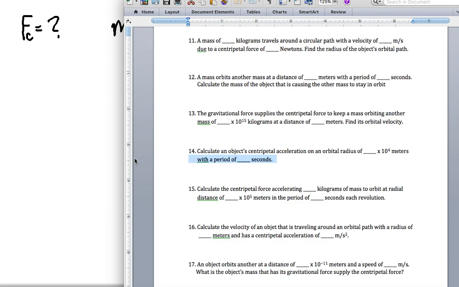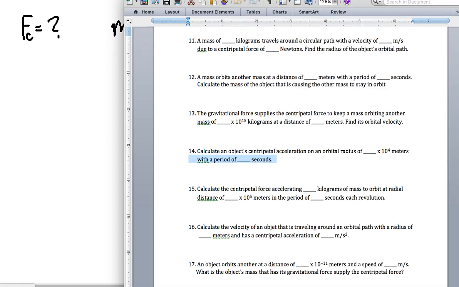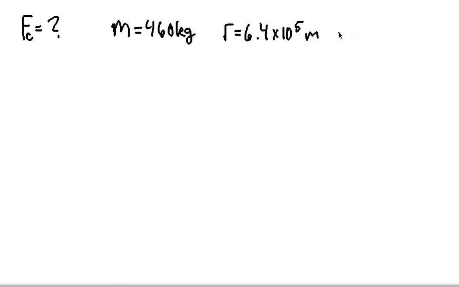So let's say 6.4 times 10 to the 5. And then finally, a period of how many seconds here? Let's say 14,080 seconds. So this is how long it takes for it to make its way around. All right, so this mass is the mass of the object that is in motion.